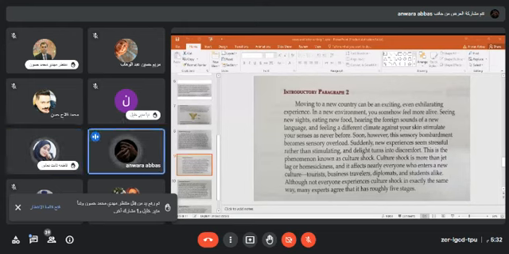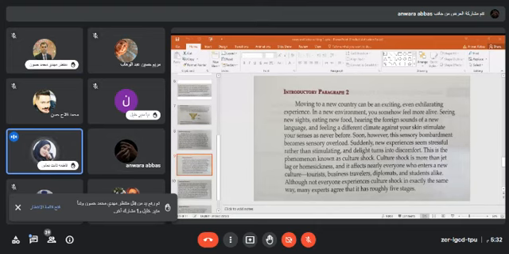Do you know what stimulate means? No. It means to excite or energize. Exactly. Well done. Good job. Stimulate.